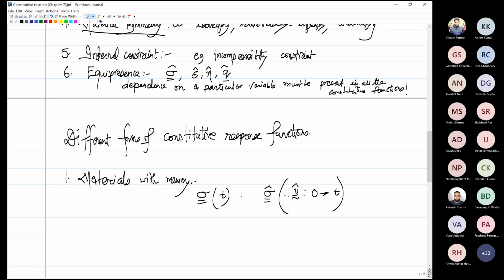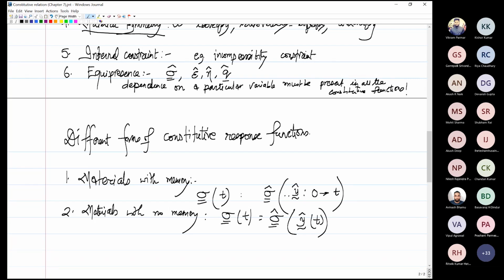Okay, then you can have materials with no memory. That means sigma at time t will have a constitutive function such that it only depends on y hat at the current time. So sigma at time t just depends on the current deformation.